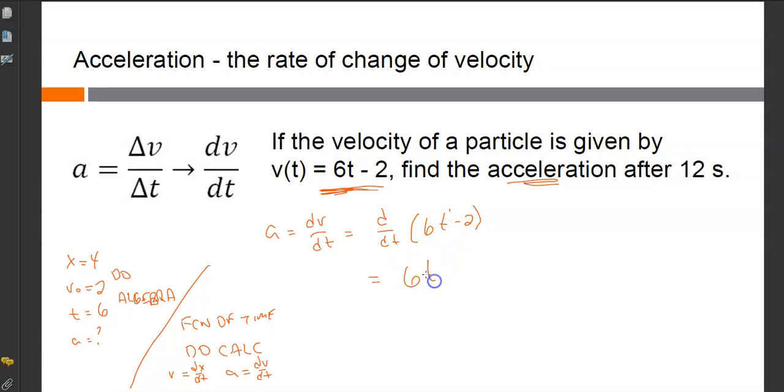Drop it, you've got t to the 0. Over here I had 2, which is really negative 2t to the 0. 0 times 2 would be 0 times t to the negative 1. But 0 times anything is 0. It goes away. This is a 1. I just end up with that 6 right there. Okay? So you can take the derivative if you have an expression, a function of time, and that's easy.